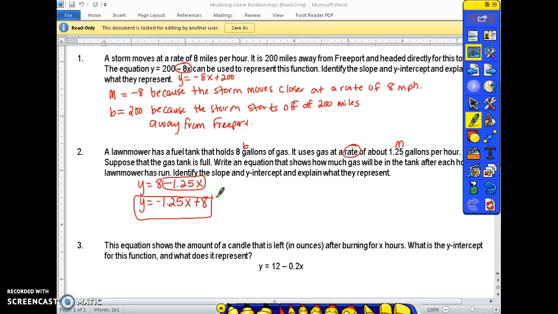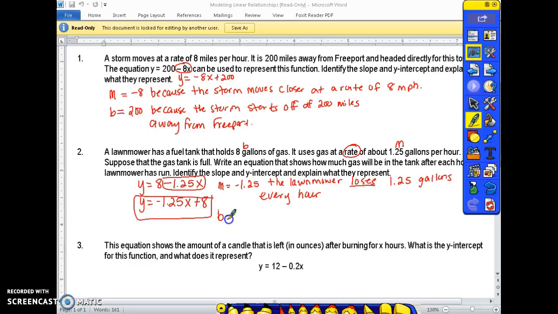Identify the slope and y-intercept and explain what they represent. My slope is negative 1 25/100 because the lawnmower loses 1 25/100 gallons every hour.